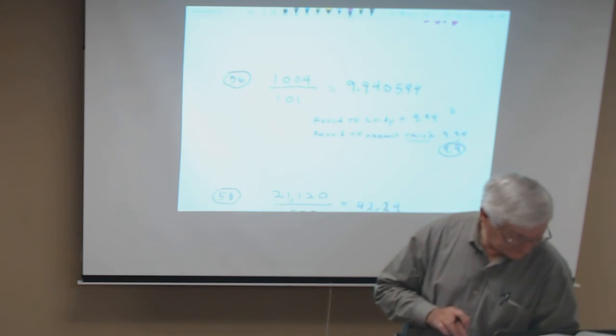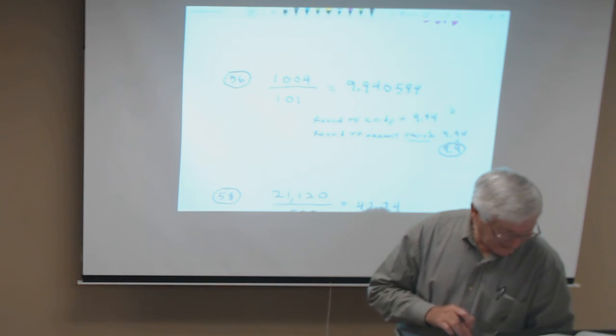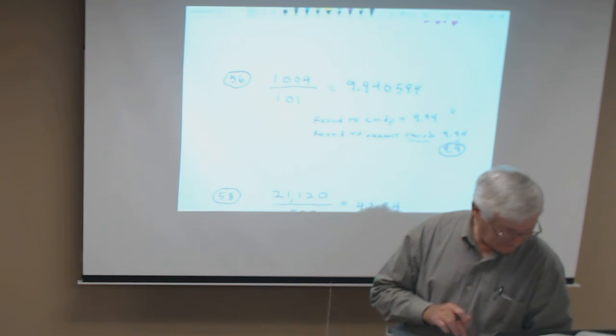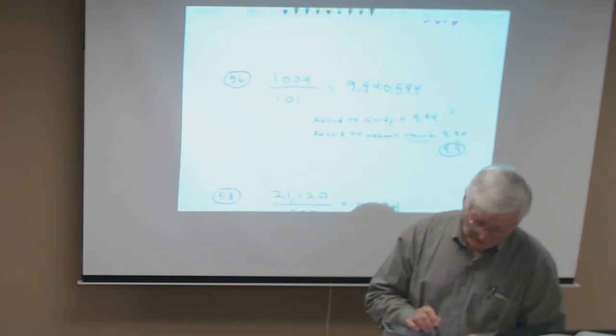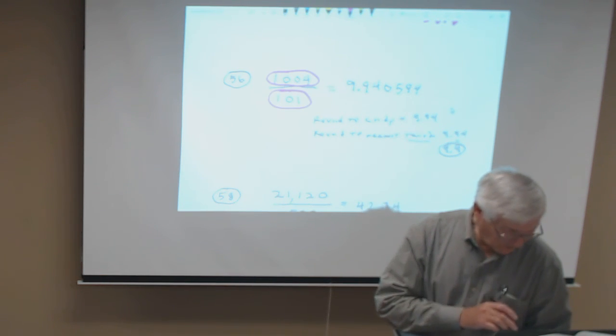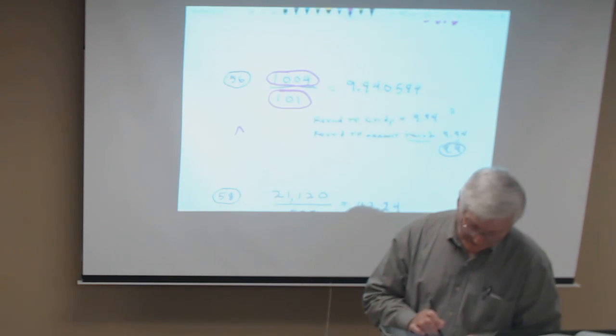Number 56. The highest average yardage gain for a football season belongs to Beatty Feathers. He gained 1,004 yards in 101 carries. What was his average number of yards per carry?